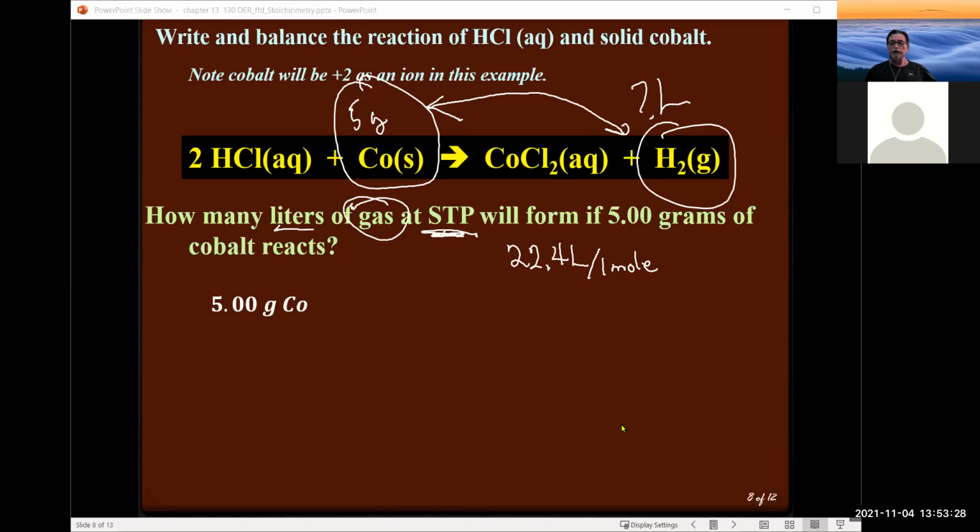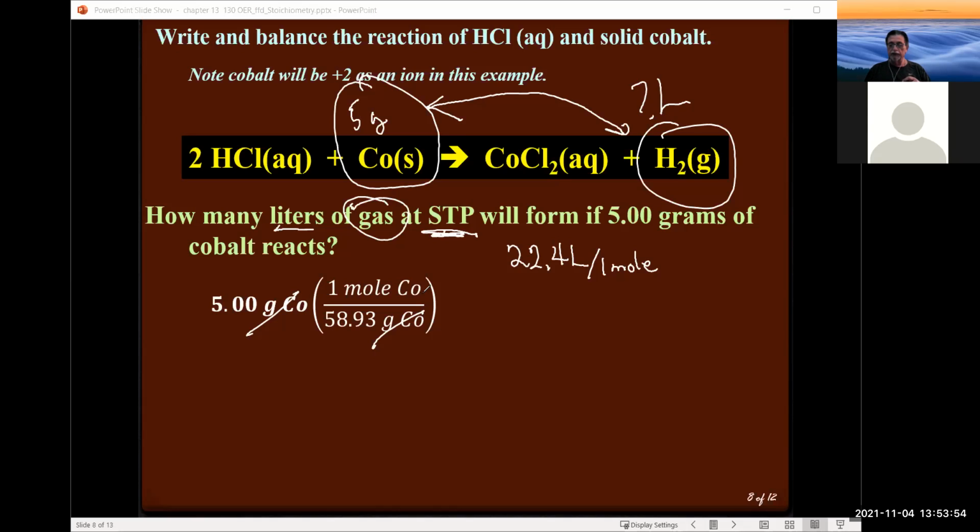Okay, I need to determine the moles. I've got to convert to moles. I need the atomic weight of cobalt. Look it up, you'll see it's 58.93. Notice that my grams of cobalt cancel. Okay. Next is the stoichiometric relationship between hydrogen and cobalt.